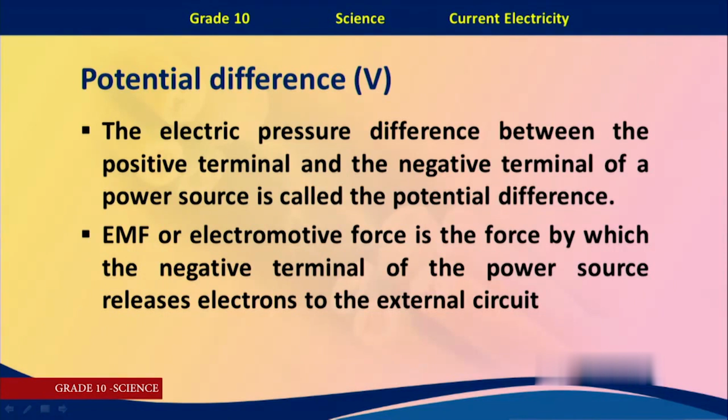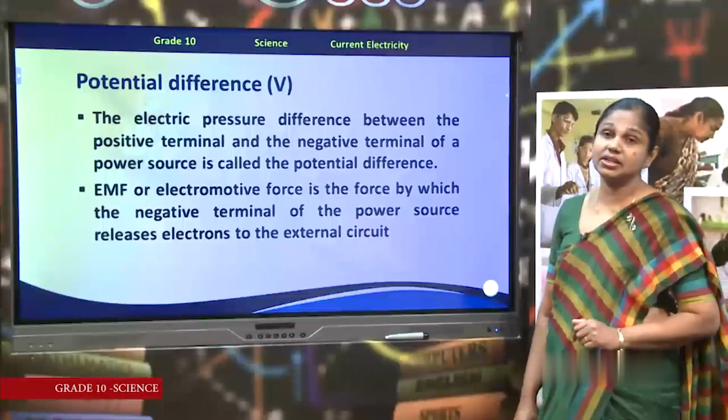But there is a little difference between potential difference and the electromotive force. Children, EMF or electromotive force is the force by which the negative terminal of the power source releases electrons to the external circuit.